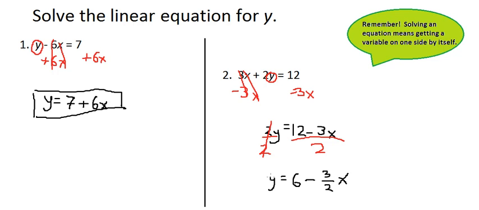So your final answer here is exactly what we have written right here: y equals 6 minus 3 halves x, or if you would prefer, y equals 6 minus 1.5x. But we don't really like to use mixed numbers because they end up not being very useful in higher level math.